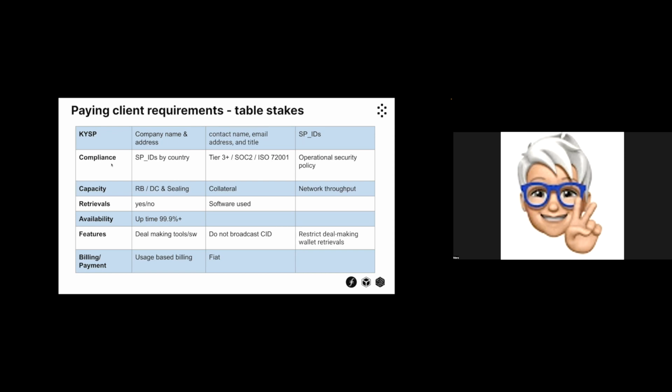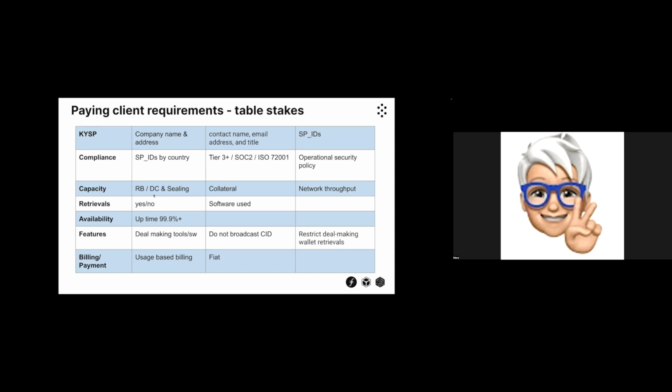Under compliance, understanding what country the SPIDs are based in, understanding what tier data center the service is based in, and does that data center have SOC 2 compliance, ISO 27001, and or operational security policies and what those look like. And typically it is a defined document by the SP around how they handle security policies.